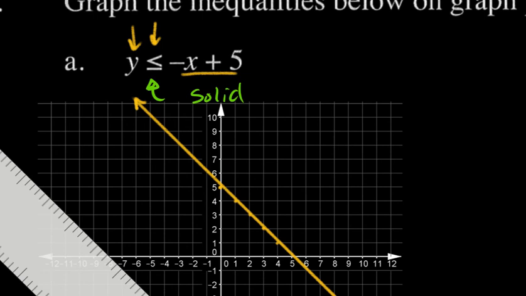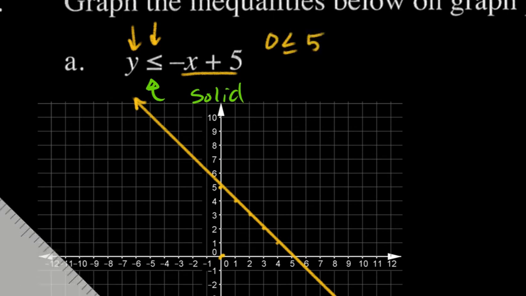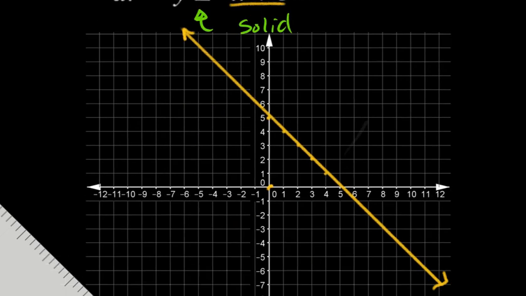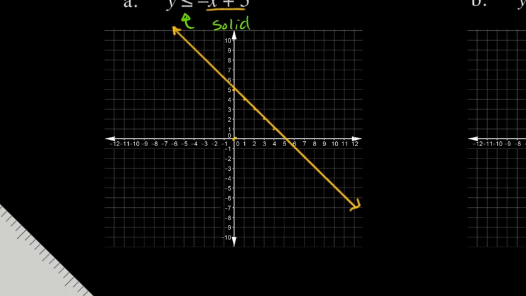So that means that if I was to plug 0, 0 into this, it would work. And if I do test this one point at the origin, 0, 0, this does become 0 is less than or equal to 5. So it's kind of nice to know that just like when we were testing on a number line, you can test, and here it turns out that this works.